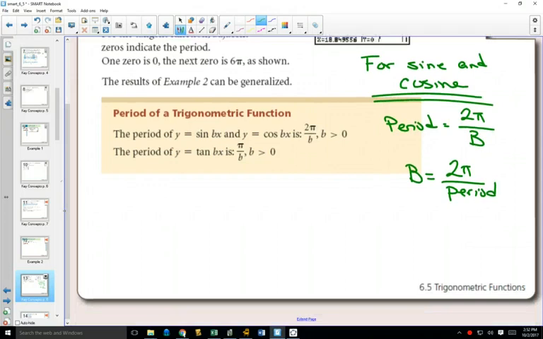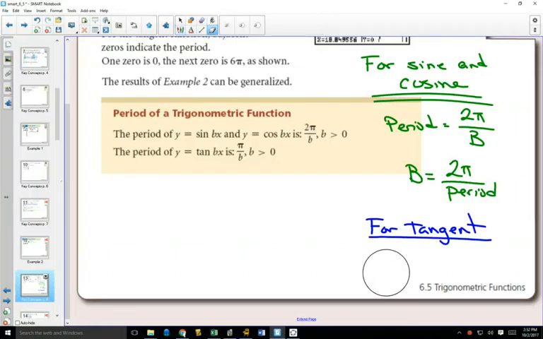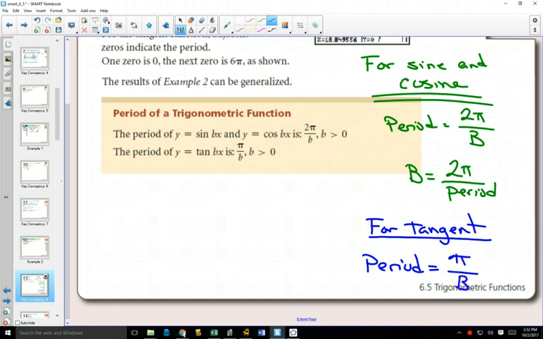For tangent, your period, instead of 2 pi over your b value, since the period of tan is pi to begin with, it's going to be pi over your b value.